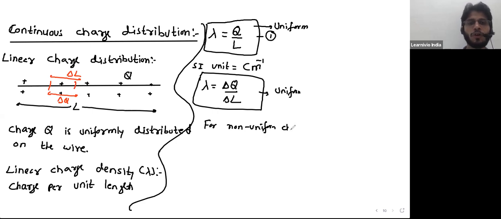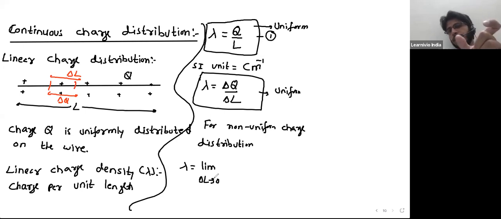For non-uniform charge distribution, we take the limit delta L tends to 0, shrinking this length element to a very, very small value. Then it's delta Q over delta L, which is dq over dl.